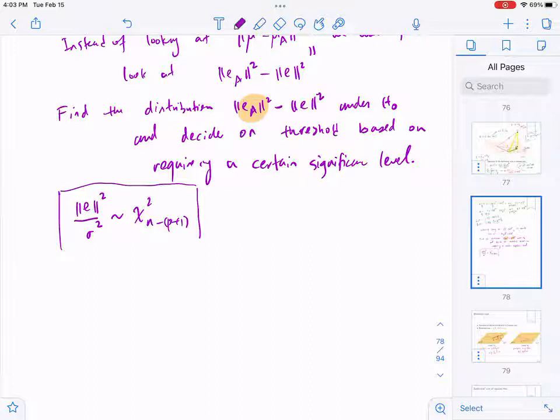I have the marginal distribution, but if I can recover the joint distribution, then this is a linear transformation of that vector, and I can use rules of transformation of distribution. But even this would be a little bit difficult. The joint is complicated because both of them rely on the same random vector, so they're sort of dependent, and things are not linear.